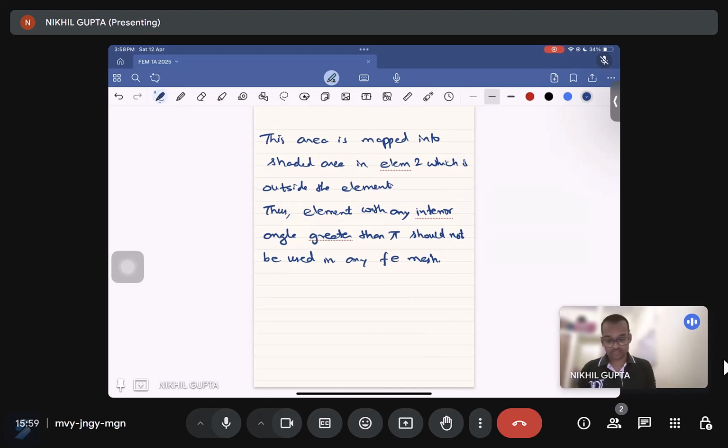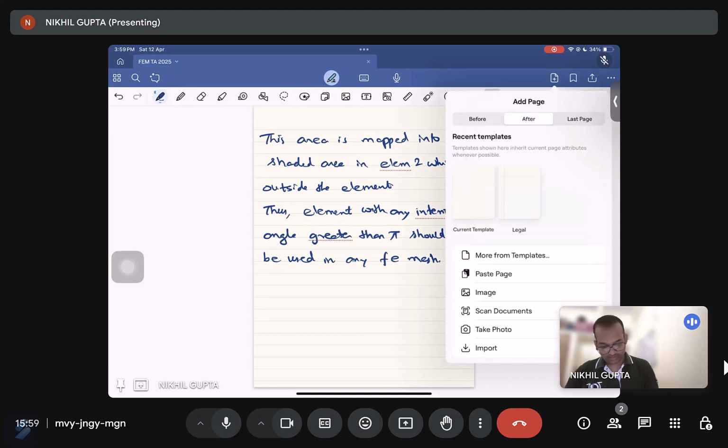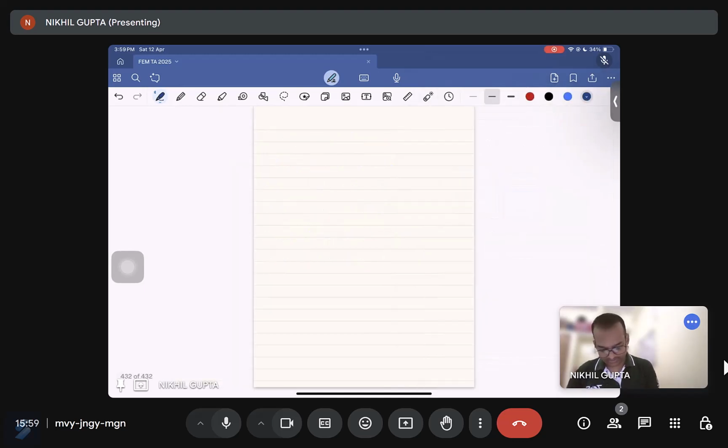Now you might remember one statement I gave in the starting, why the Jacobian can't be negative. That question is still unanswered. Now I'll show that with another example. Let's take the third element like this, which is 1 2 3 4. I'll write the coordinates.